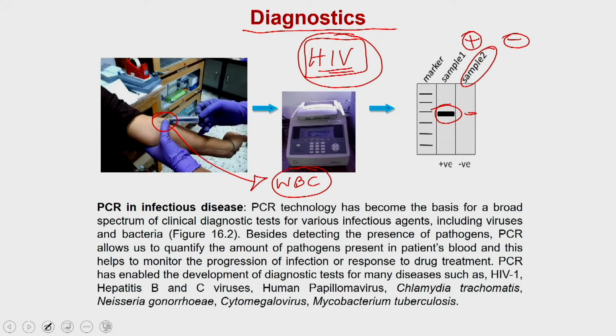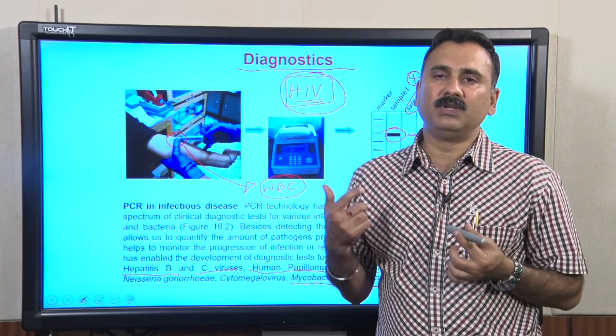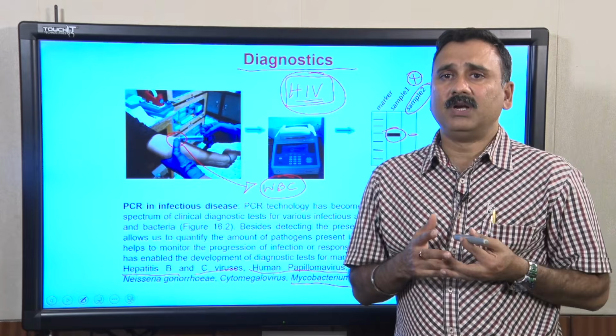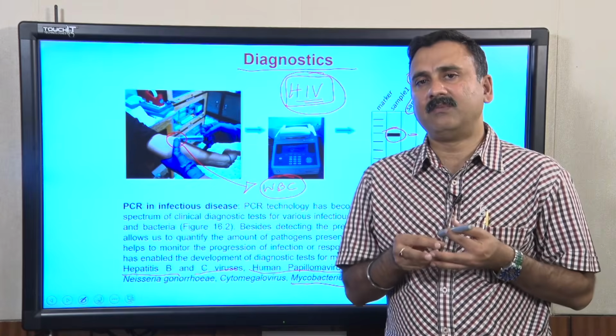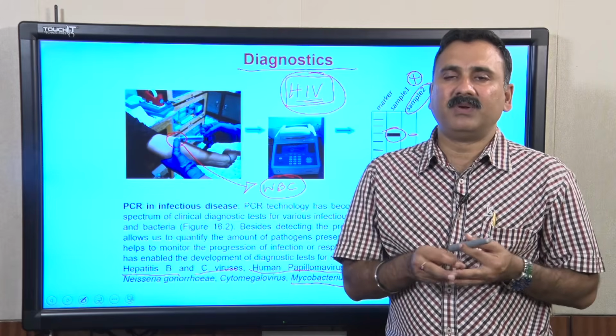It could be HIV, it could be viral diseases such as hepatitis B and C, human papilloma virus, Mycobacterium tuberculosis and so on. You can use PCR based diagnostics for any organism. You can use it for bacterial species, viral species, or fungal species, as long as you are able to characterize a particular type of molecular marker or DNA sequence which is specific to that particular organism and may not be present in other organisms.